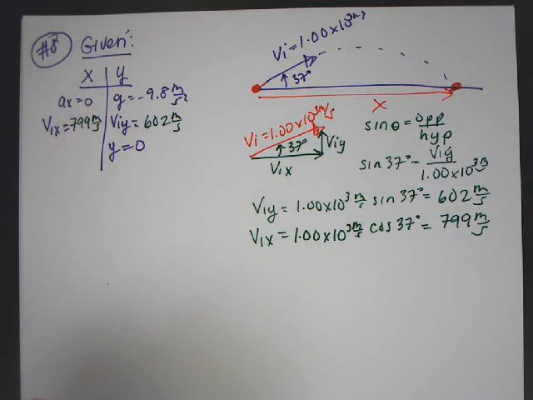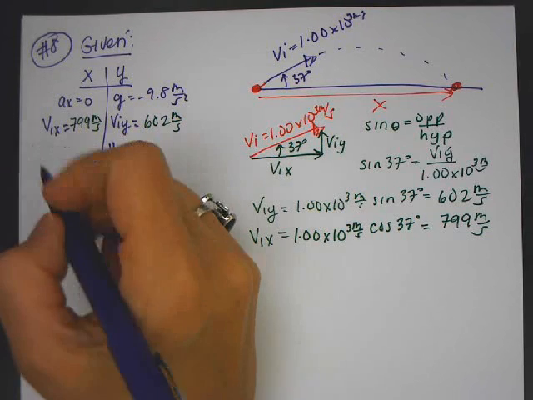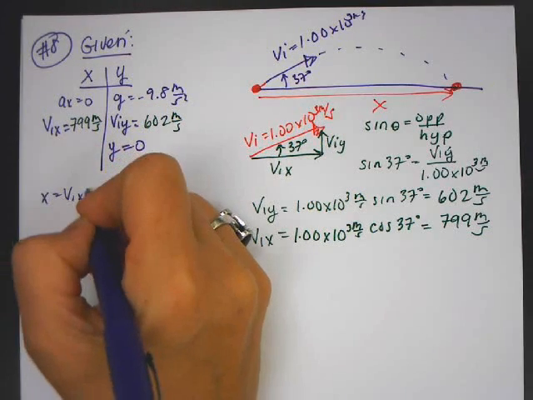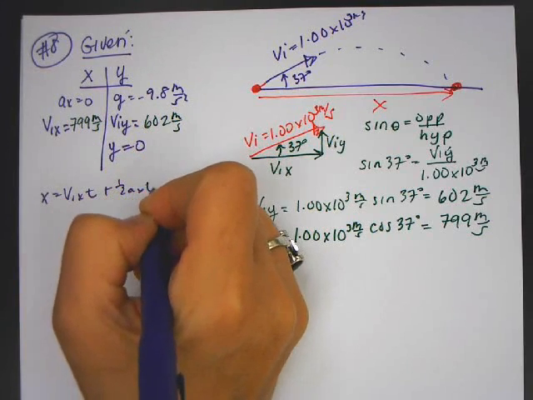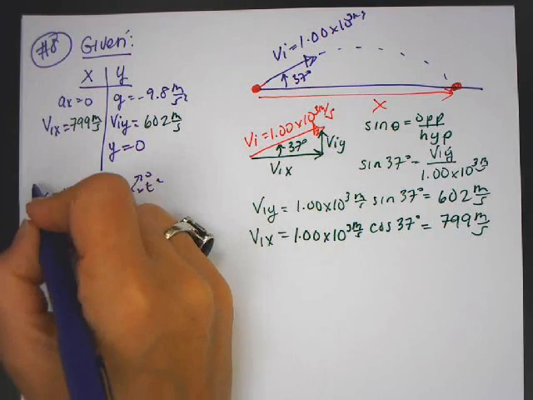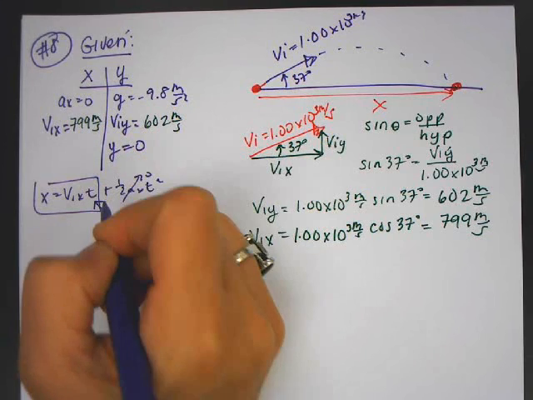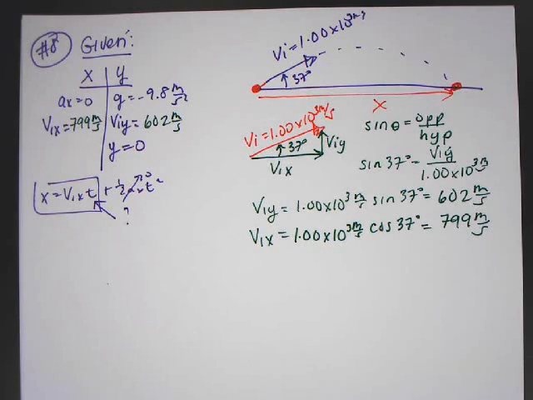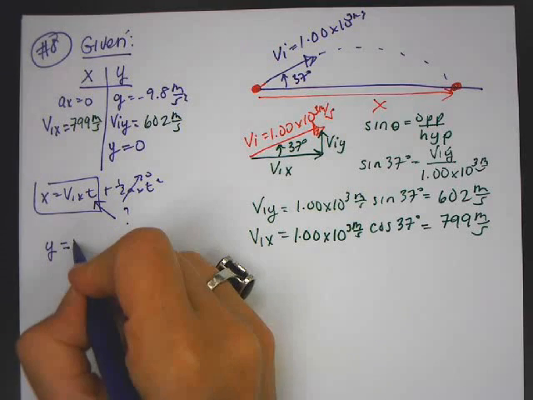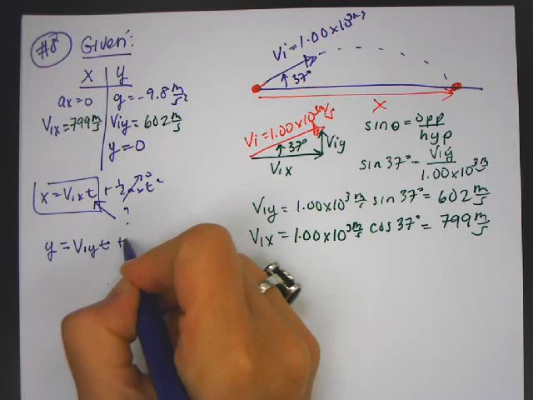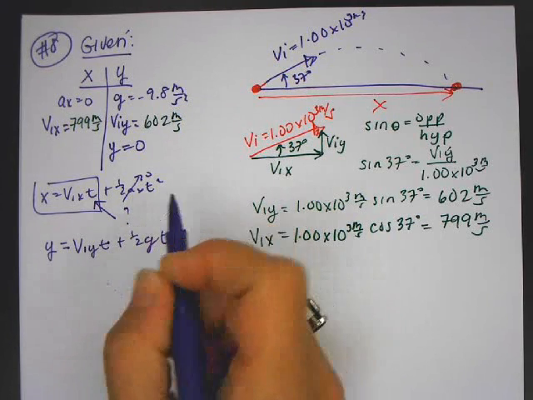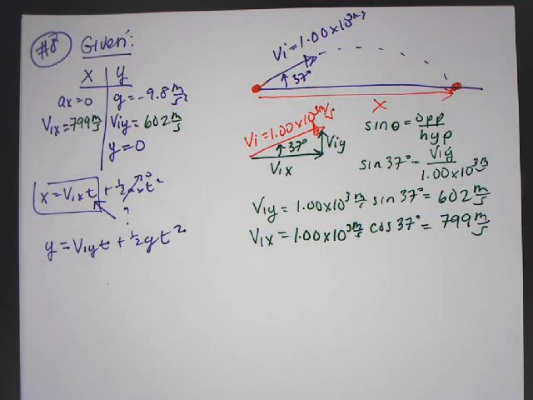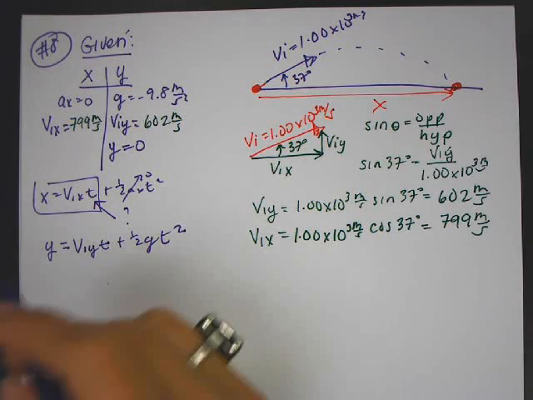Okay? Now, if I want to find x, the equation is x is vixt plus 1/2 axt squared, and this is 0. The problem with this is I don't know the time, right? So I have to find the time first if I want to use this equation. So I could find the time, and I could say y is equal to viyt plus 1/2 gt squared. Now remember, viy is not 0.